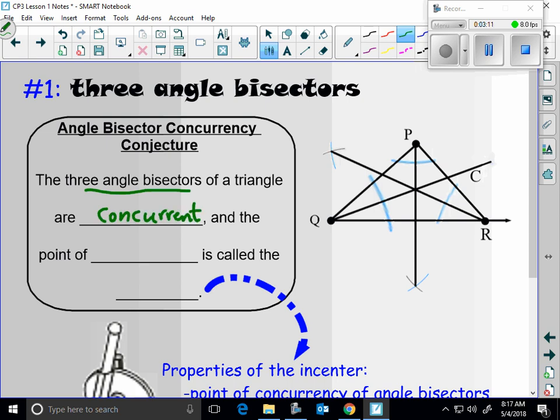Right? They meet at one point, this point right here. And the point of concurrency, there's not a whole lot of groundbreaking material in those first couple sentences. It's called the in-center. We're just kind of breaking down using vocabulary what we just talked about on the previous page.